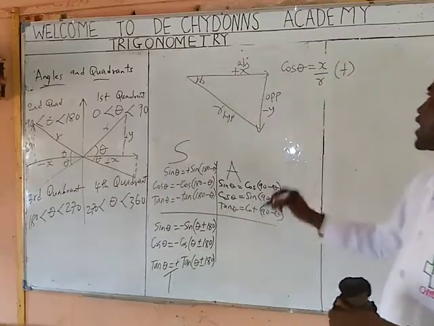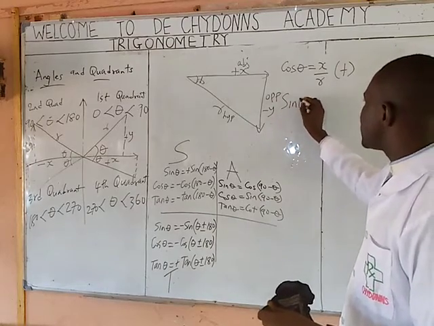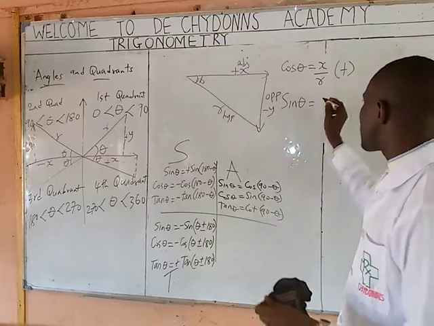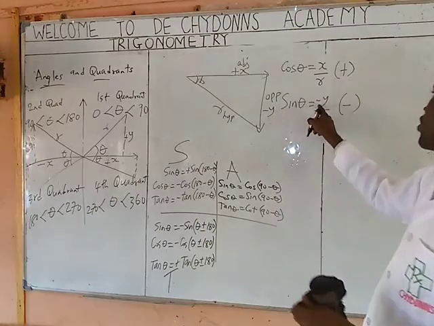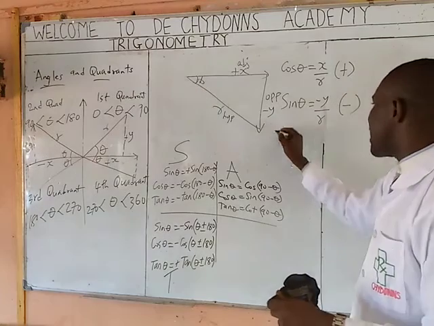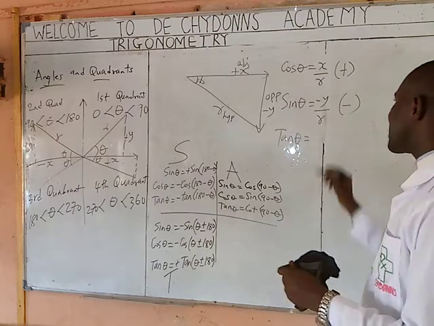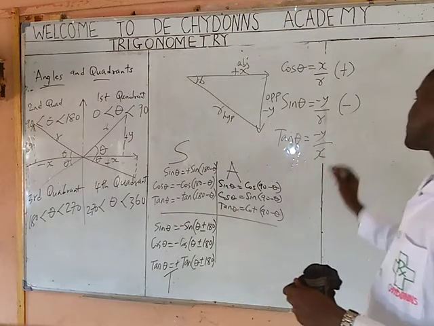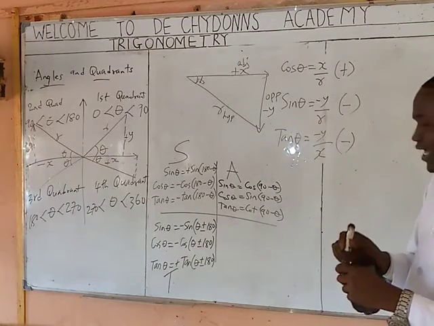Then sin theta equals opposite over hypotenuse, minus y over r. Everything is negative because y is negative. Then tan theta, opposite over adjacent, minus y over x. Everything is negative. So only cos is positive.